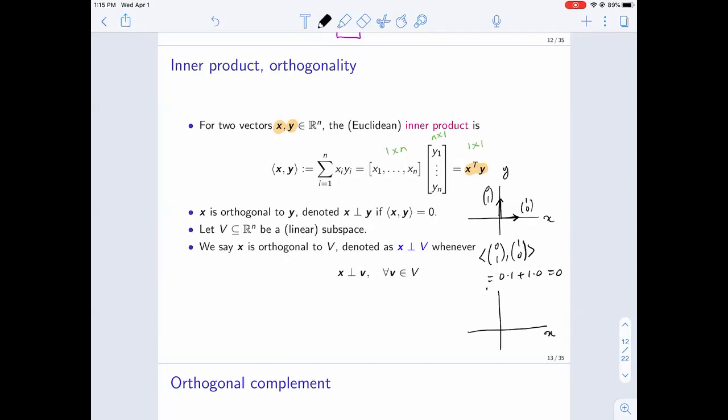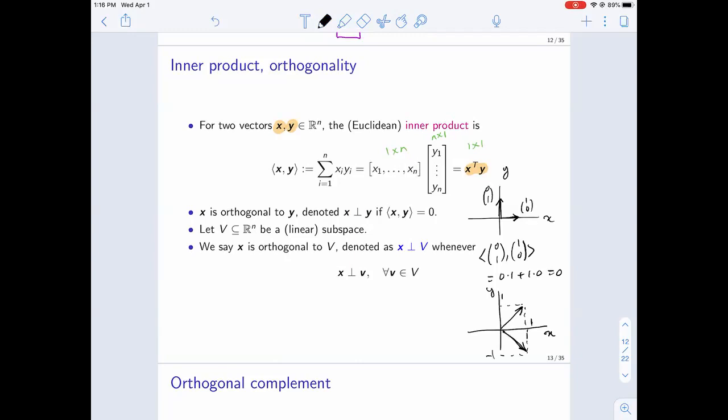Another choice, a little bit more interesting, for example, maybe this. Let's say I have 1, 1, and can you give me another vector which is orthogonal to it? 1, -1. Yes, 1, -1.